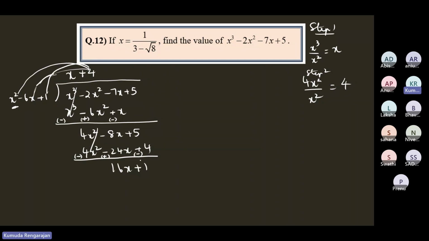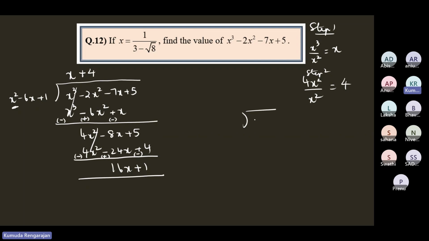Now, how do we know that we have to stop the division here? Because if you look at the divisor... Now normally when you divide with numbers, when do you stop the division?